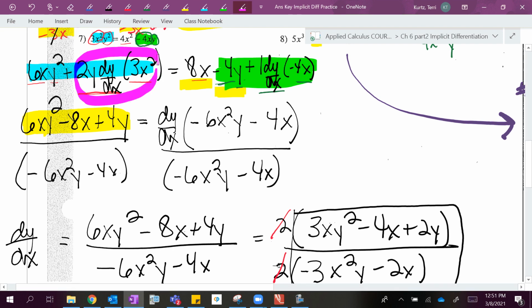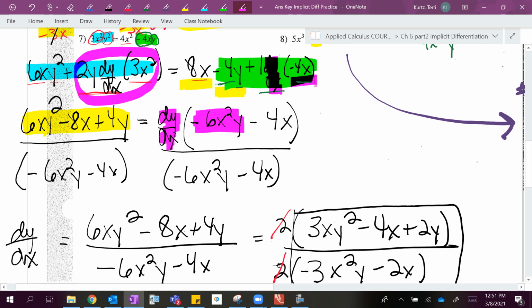Again, I rearranged it because it's all being multiplied together, so I multiplied that 2 times 3, and made it x squared y dy dx, and subtracted it over to this side. I went ahead and pulled out the dy dx, and then also pulled out the dy dx from this that was already there, and brought down the negative 4x. So that was a few steps there, but hopefully you guys can follow that.